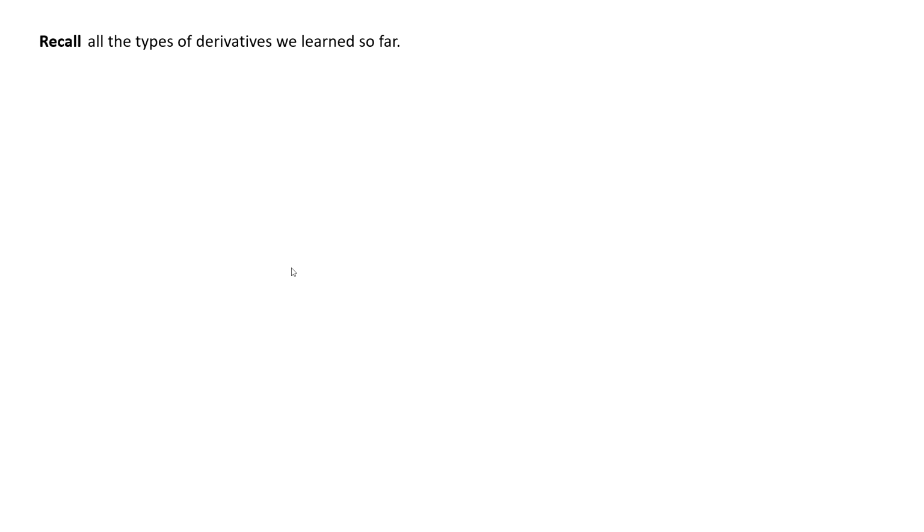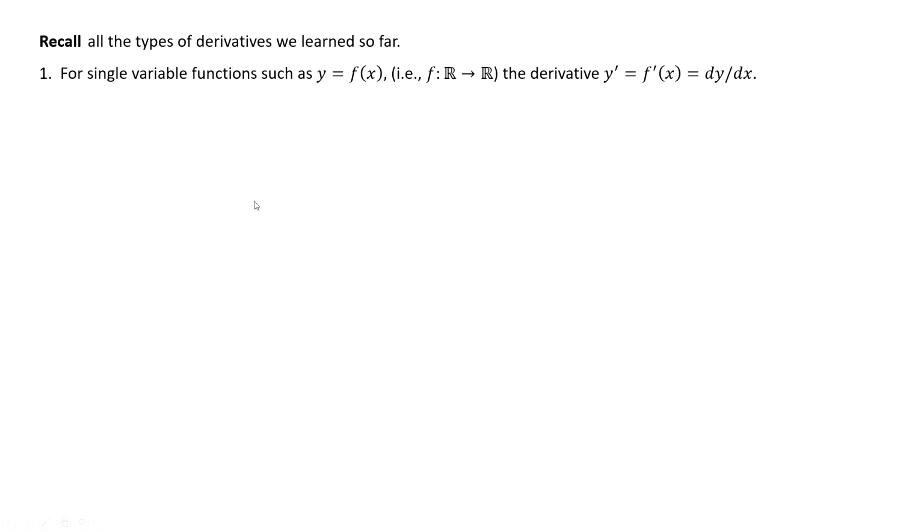Well, we first learned about derivatives of single variable functions like y equals f of x, right? So, f maps R to R. In a way, what is this function f mapping? You give an input, which is a real number.